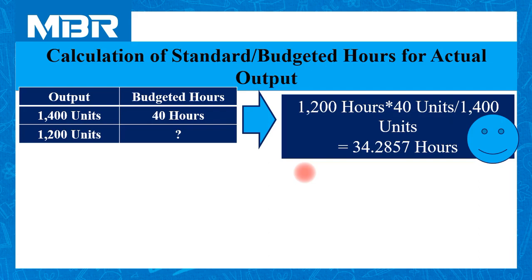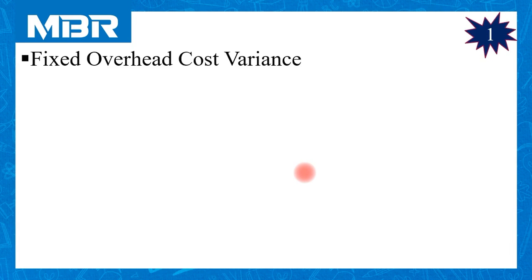So in this situation, we can calculate budgeted rate per unit, budgeted rate per hour, and budgeted hours for actual output. In absence of information related to days, we need not calculate anything related to days. After calculation of these three items, let us move to formulas.